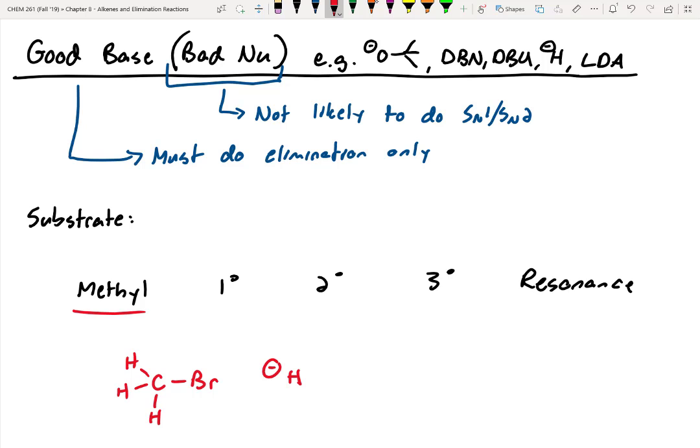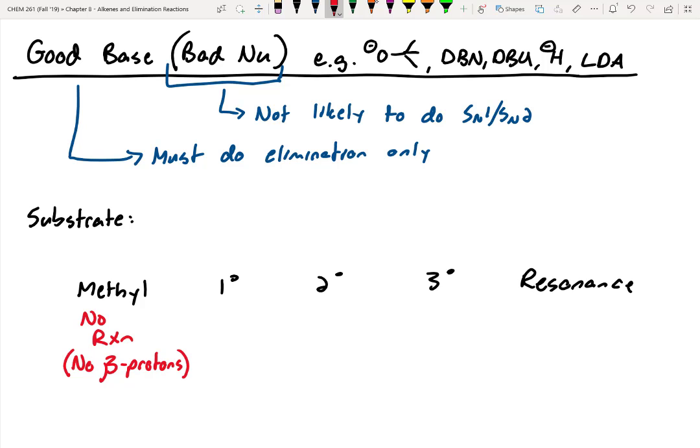Where are my beta protons? Oh, I don't have any beta protons. If we look at these protons right here, these are coming off of the alpha carbon. Can't do E2 chemistry without beta protons. So what we could say is with this one, that there is no reaction because there are no beta protons.